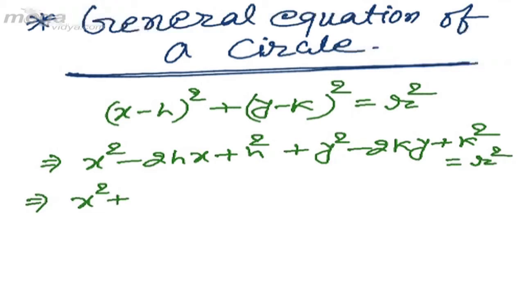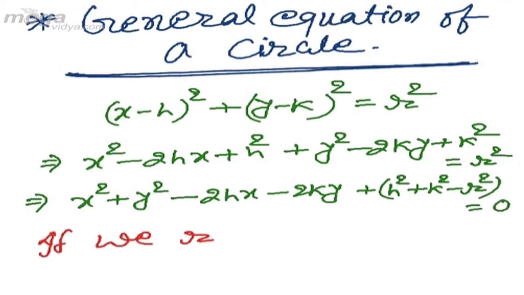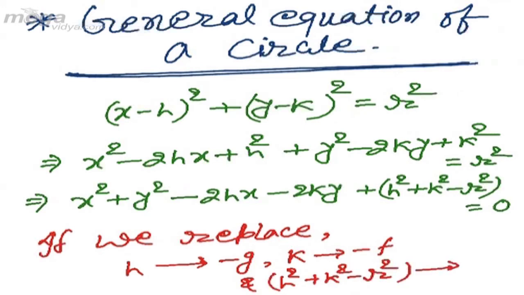Now we can write it as x square plus y square minus 2hx minus 2ky plus h square plus k square minus r square is equal to 0. If we replace this h by minus g, k by minus f, and h square plus k square minus r square, because all of these three are constants, we can write it as a single constant c.